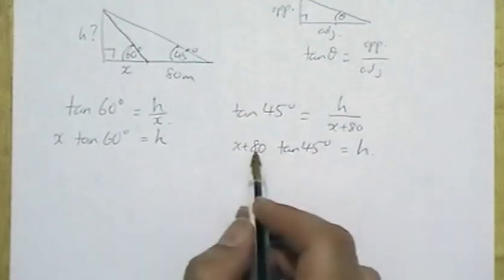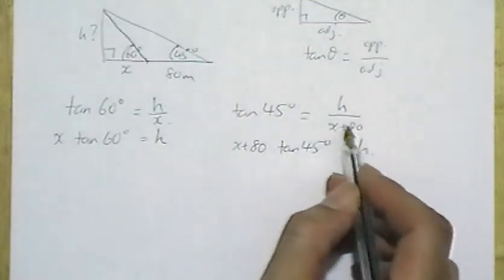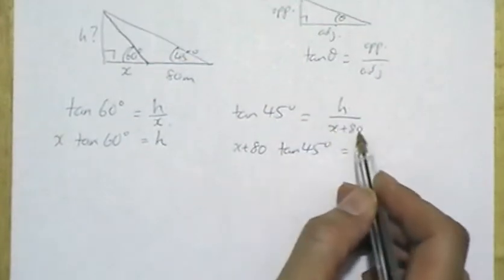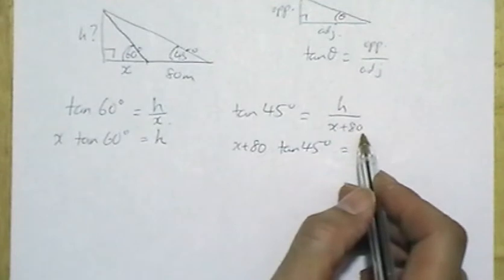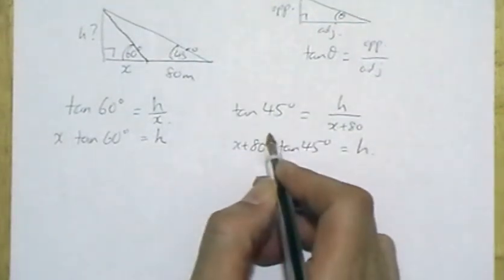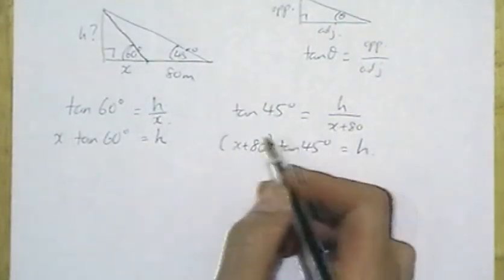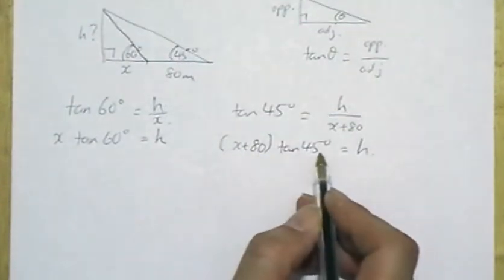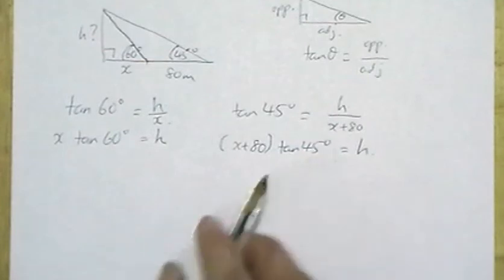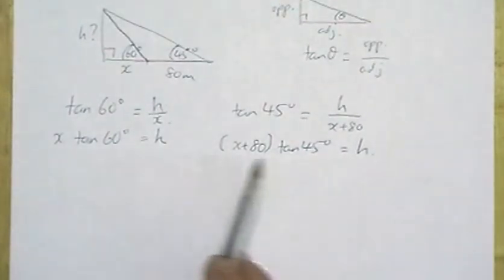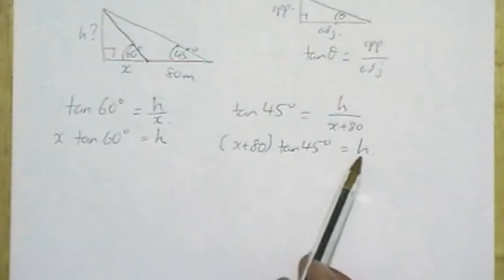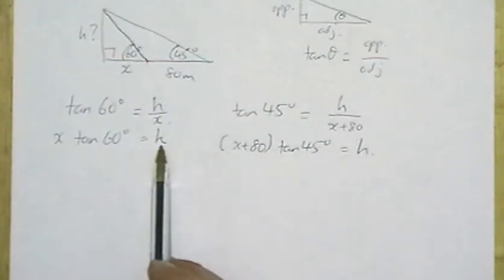But that would be wrong because x plus 80 came from here, and we know that x must have been added to 80 first. So we need to put a bracket around it, to make sure that x is added to 80 first before we multiply by tangent 45 degrees. So now we have the two equations in this form, in which we have the same h on the right hand side.